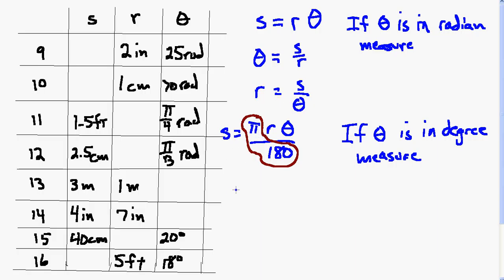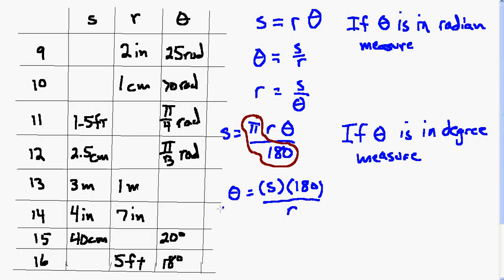Now if I were rearranging this equation, if we start off with S is equal to pi r theta over 180, we can see that theta is going to be S times 180 over R pi.